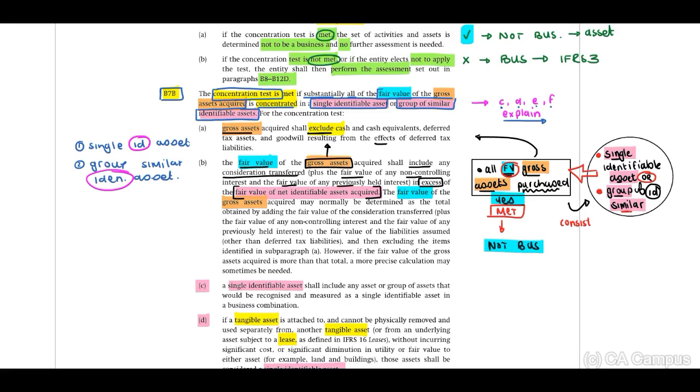The fair value of the gross assets acquired may normally be determined as the total obtained by adding the fair value of the consideration transferred plus the fair value of any NCI and the fair value of any previously held interest to the fair value of the liabilities assumed other than deferred tax liabilities, and then excluding the items identified in subparagraph A. However, if the fair value of the gross assets acquired is more than the total, a more precise calculation may sometimes be needed. Right, now let's just stop right there.